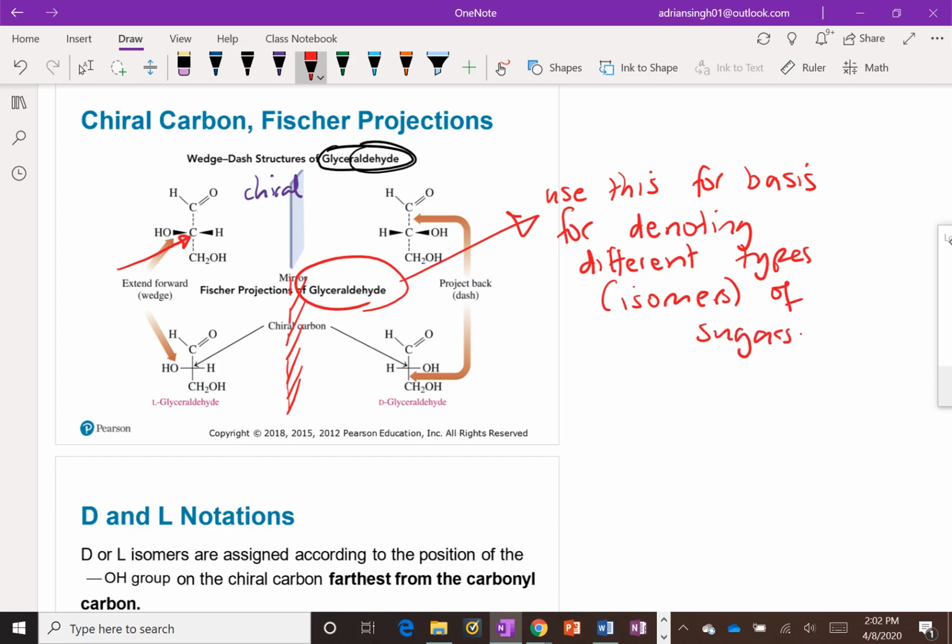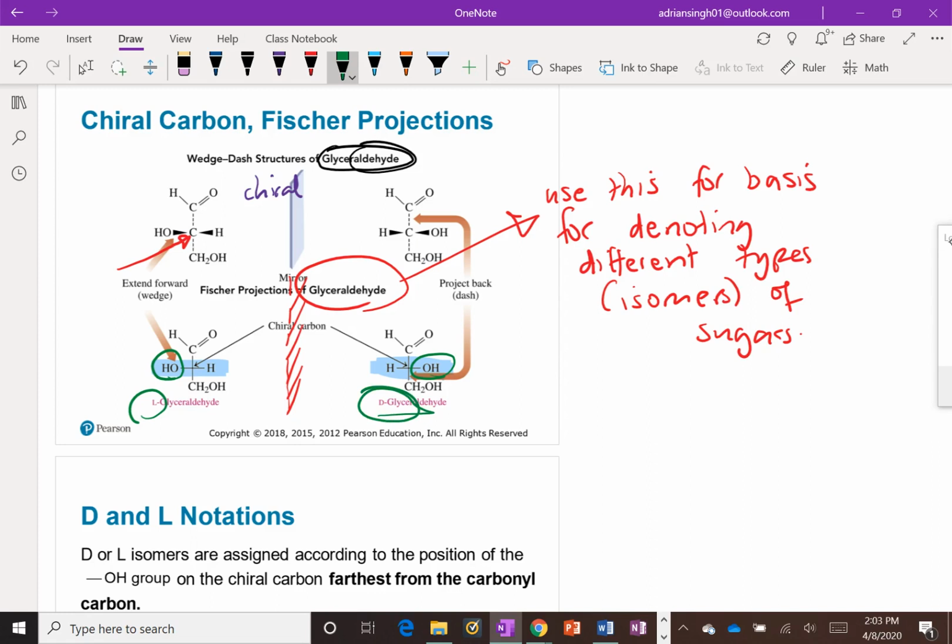Now, specifically what we're going to be focusing on is that chiral carbon. And we're going to ask ourselves, in glyceraldehyde, where is the OH attached to that chiral carbon? And if the OH is to the left side, we call it L-glyceraldehyde. And if the OH is on the right side, well, that's D-glyceraldehyde.